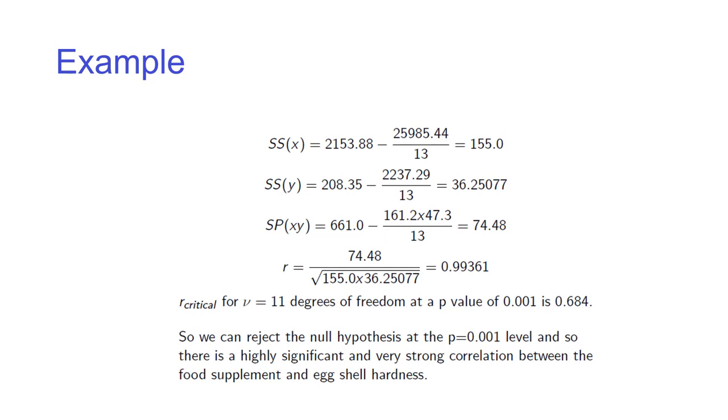For 11 degrees of freedom, at a p-value of 0.001, I would need a correlation bigger than 0.684. It is 0.99361, so this is an incredibly strong connection between the egg hardness and the amount of food supplement.